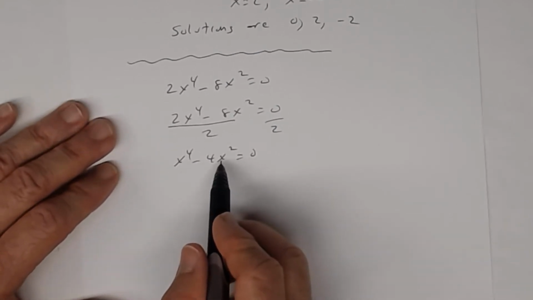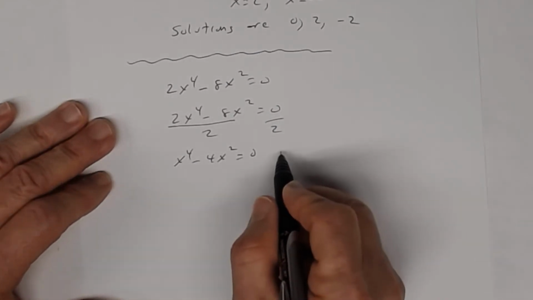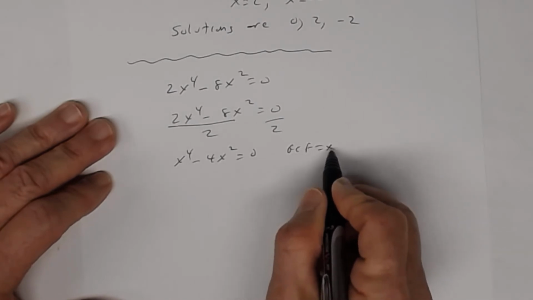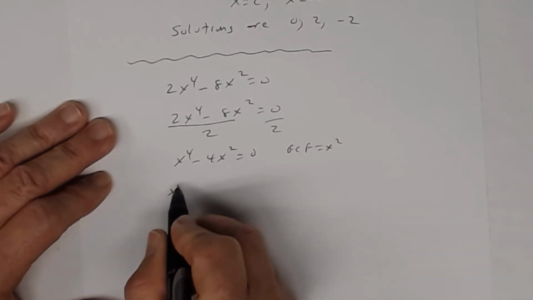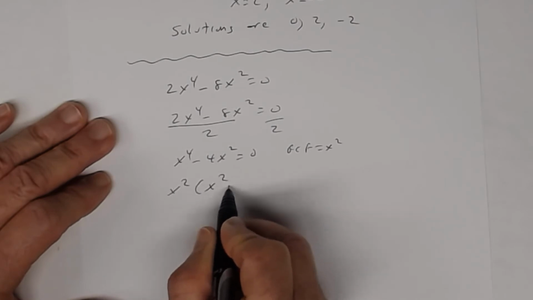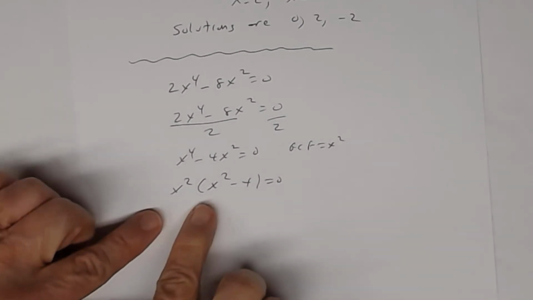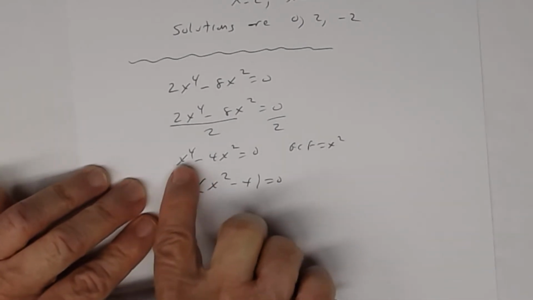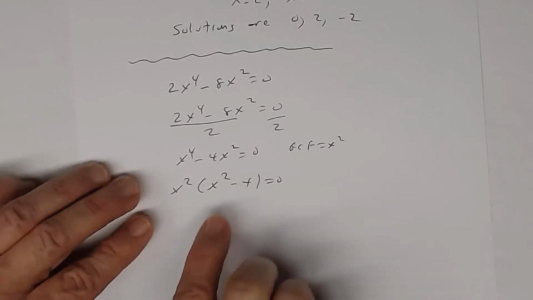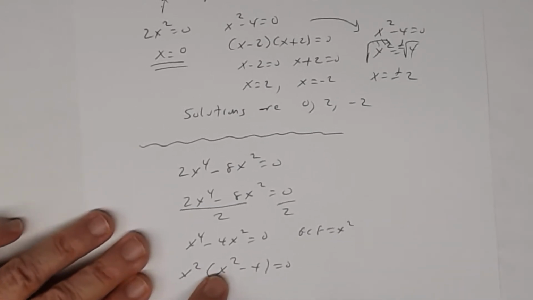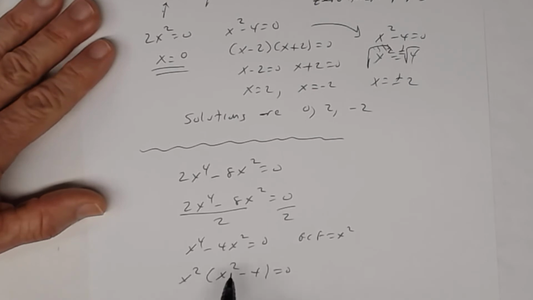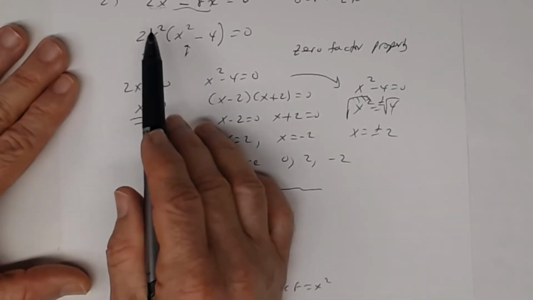And then you would factor out the x squared. The GCF in this case would be x squared. So you get x squared times x squared minus 4 equals 0. Because x squared times x squared is x to the fourth, and then x squared times negative 4 is negative 4x squared. What I wanted to say is that the only difference between what you see here and what you saw here was this 2.